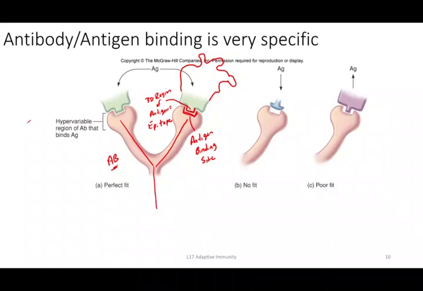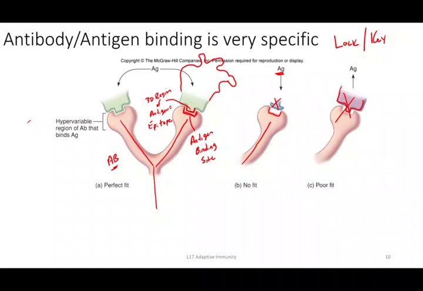And so if you look at that same, here's just the same arm again. Here's the same antigen binding site. So this is a different antigen that doesn't fit. Here is another antigen that it fits, but it doesn't fit perfectly. And so this is again where the lock and key sort of interaction is a helpful analogy, because this is the only instance where the antigen binding site fits the antigen perfectly.